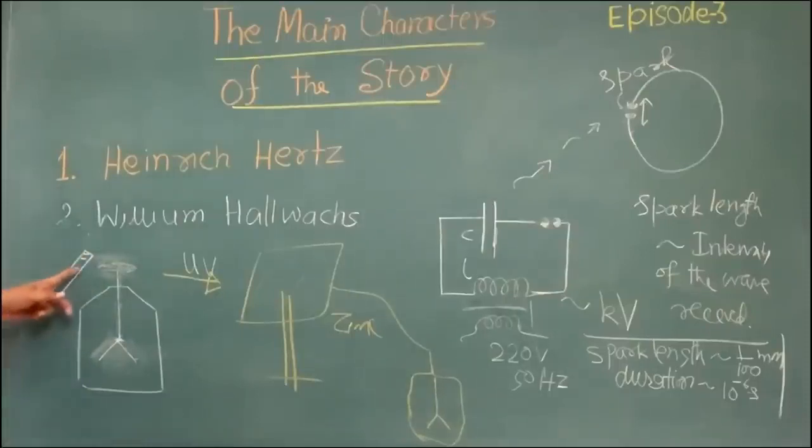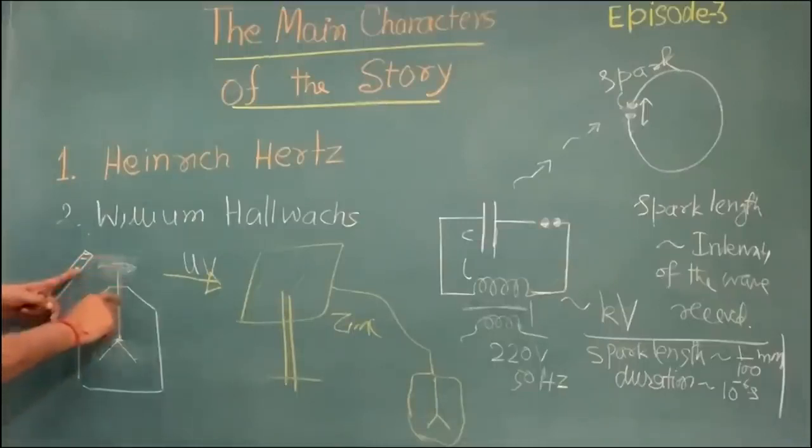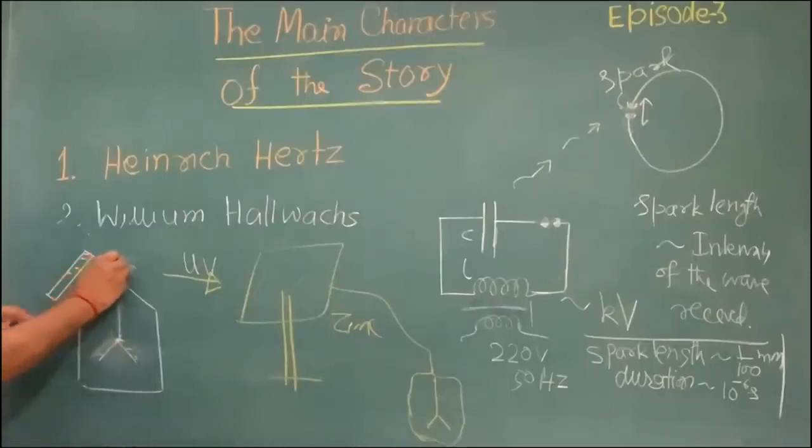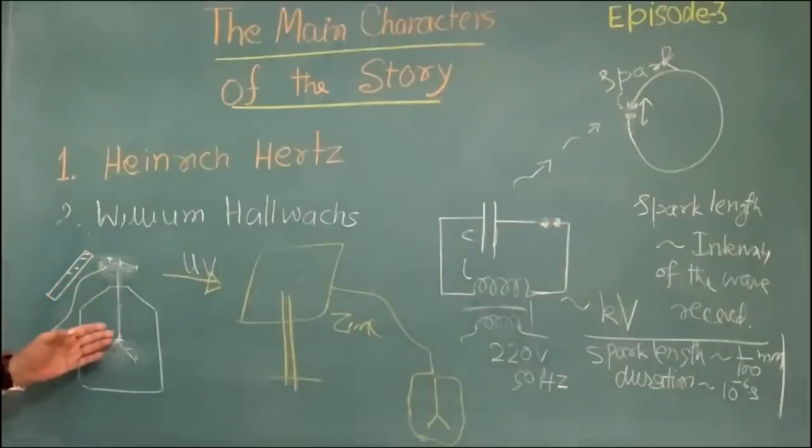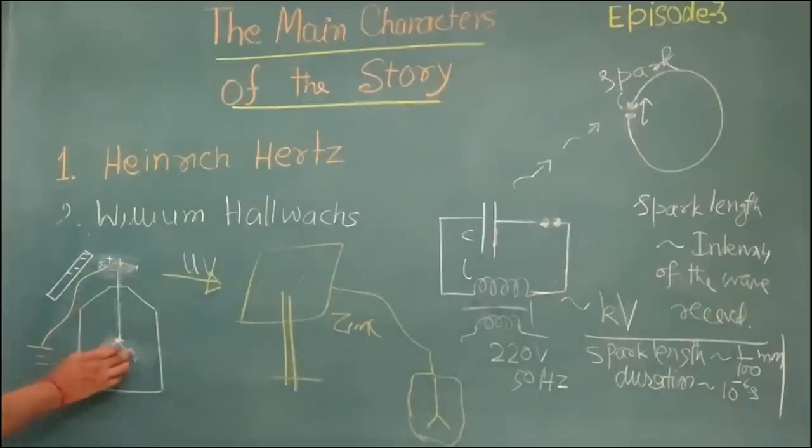So if this is negatively charged, it will repel the electrons to go away and reach here, and they will be spread like this. You will have positive charge here and so on, and if you touch it, you are providing the conducting path. These electrons which are trying to go away, they will go away. From here also they will prefer to go into this, and these electrons will go here, and this will become neutral, and they will just be hanging like this.